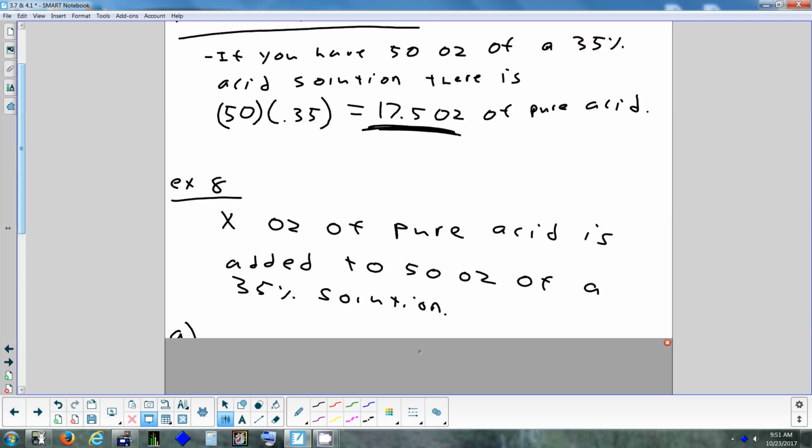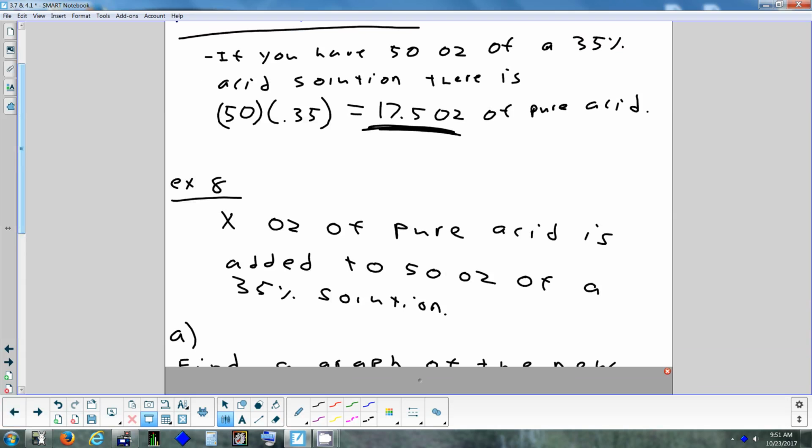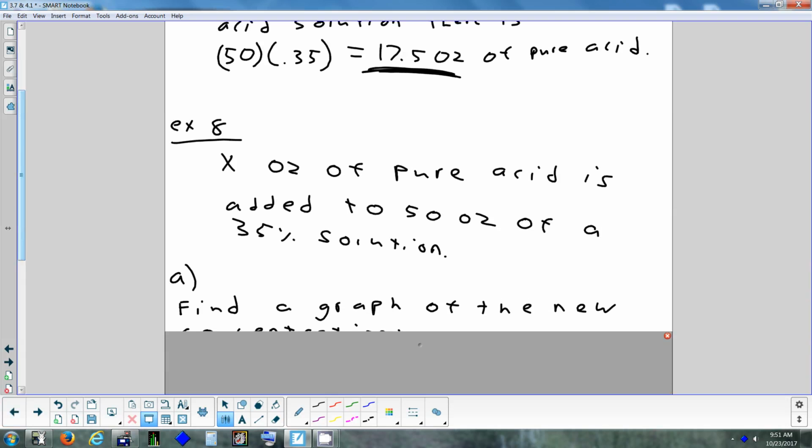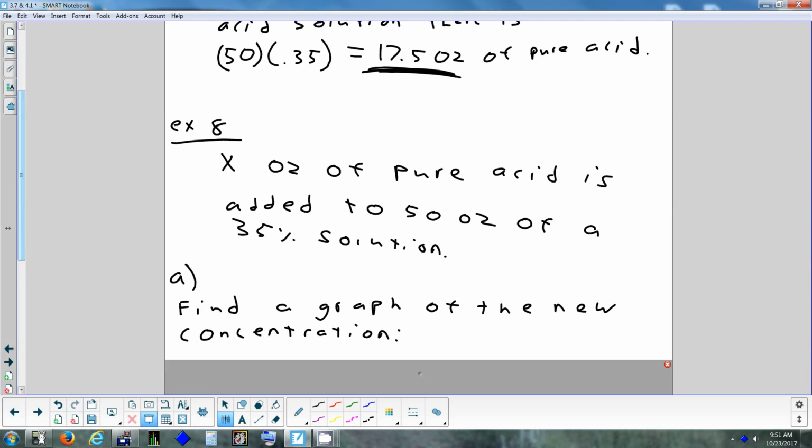So this problem says we're going to add x ounces of pure acid. So we're going to take a 100% solution, pure acid, and add it to a solution we already have. The solution we already have is 50 ounces, and 35% of it at the moment is acid. I want to find a graph of the new concentration as I continue to add acid.